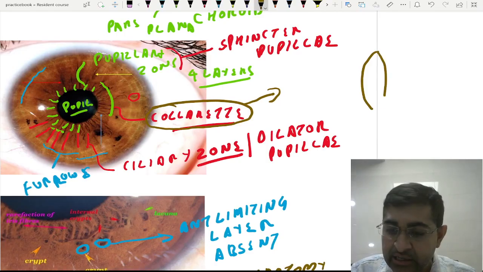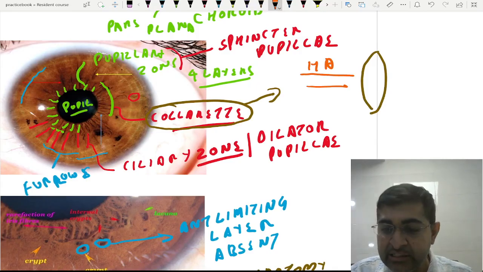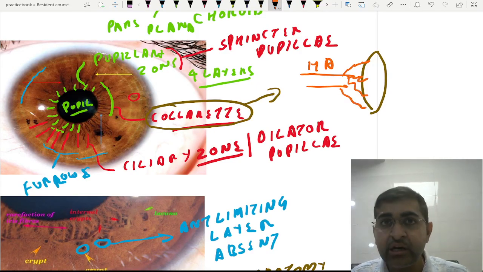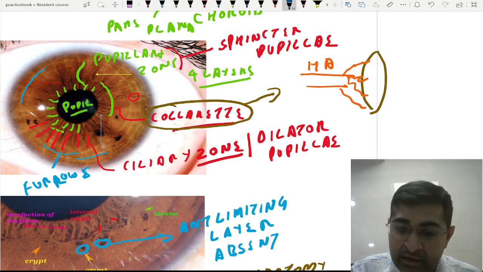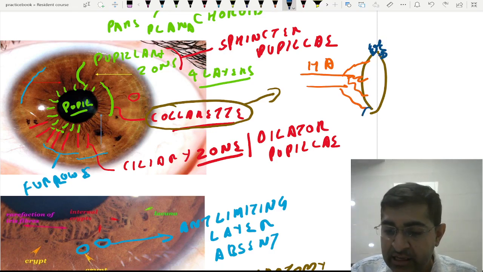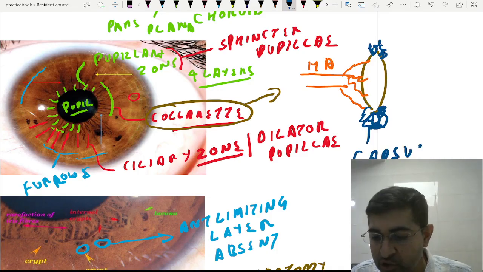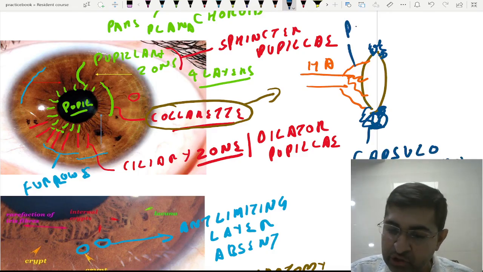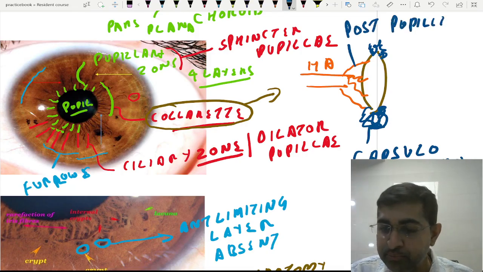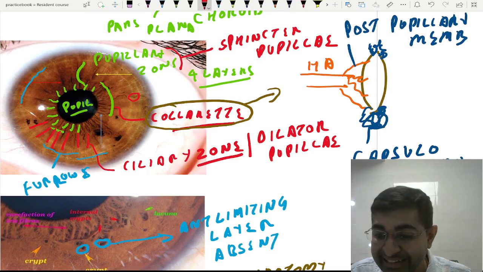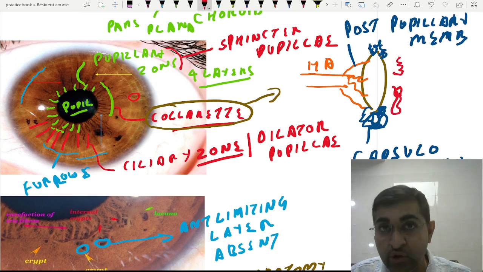If this is the developing lens, this is the hyaloid artery supplying it. One branch forms the posterior pupillary membrane, and the capsulopupillary portion actually surrounds the entire lens. There is another layer which lies anteriorly and surrounds the developing lens.